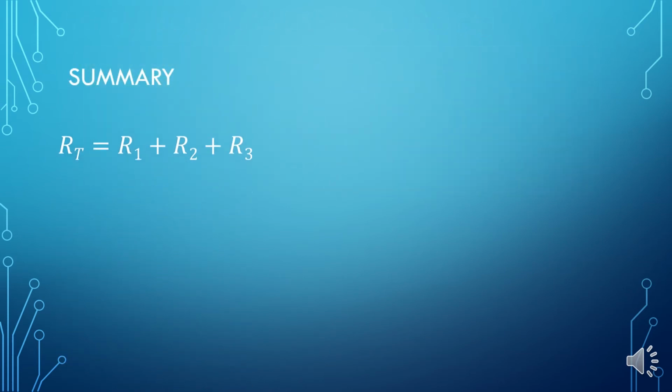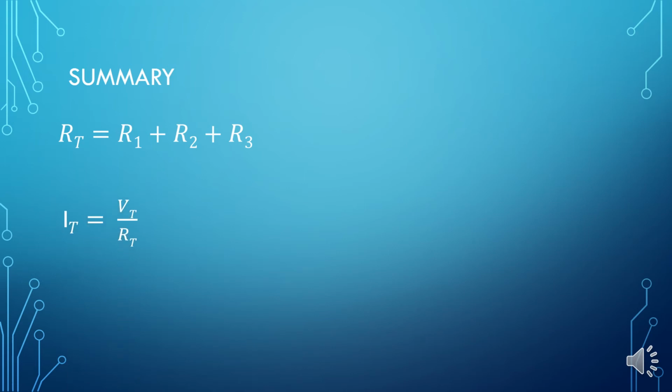In summary, from Ohm's law, our total resistance is found from the formula RT is equal to R1 plus R2 plus R3, and if we had more resistors, we'd have added them. Current is constant in a series circuit, and it is given from the formula VT over RT.